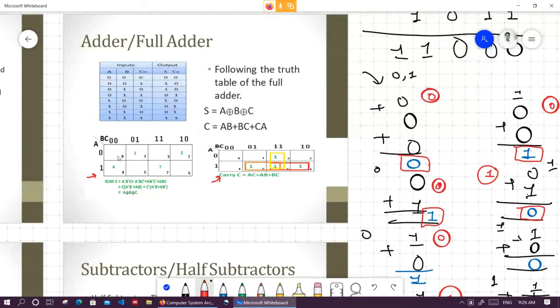So let's plot. At 0 we have 0, at 1 we have 1, at 3 we have 1, at 2 we have 1. So this is 1, this is 1, this is 1 and this is 1.